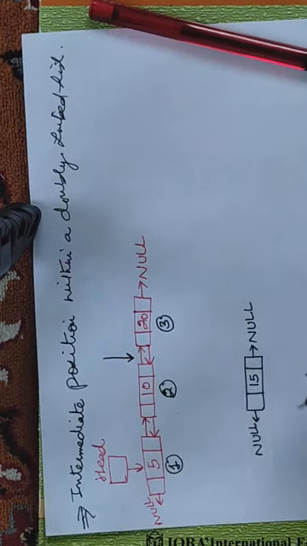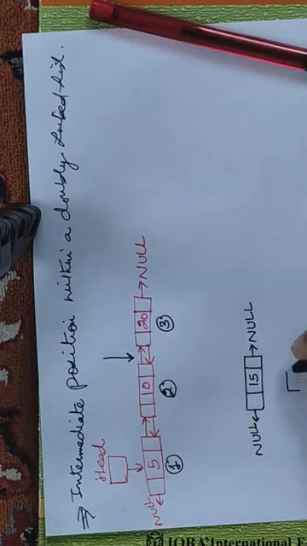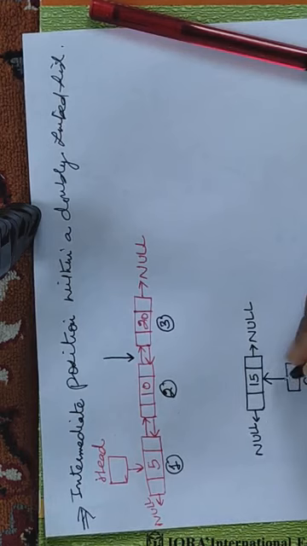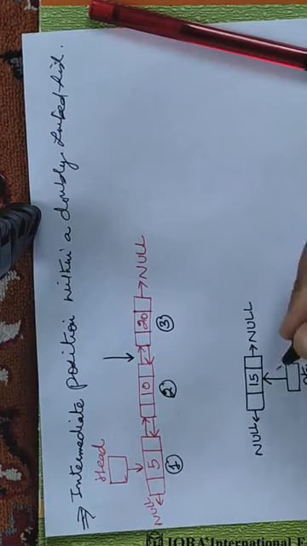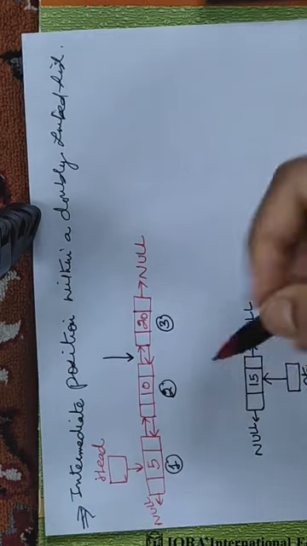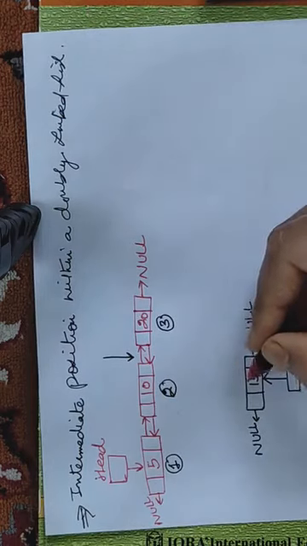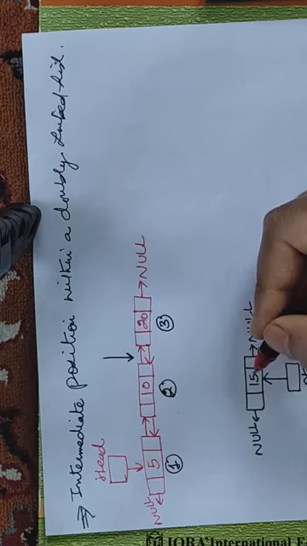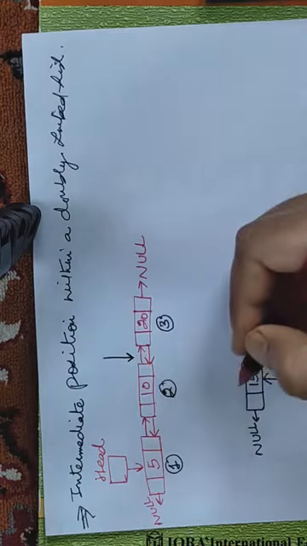And suppose its address is contained in a pointer called PTR. So PTR points to this node. So what is the problem? The problem is we have to insert this newly created node at this position.